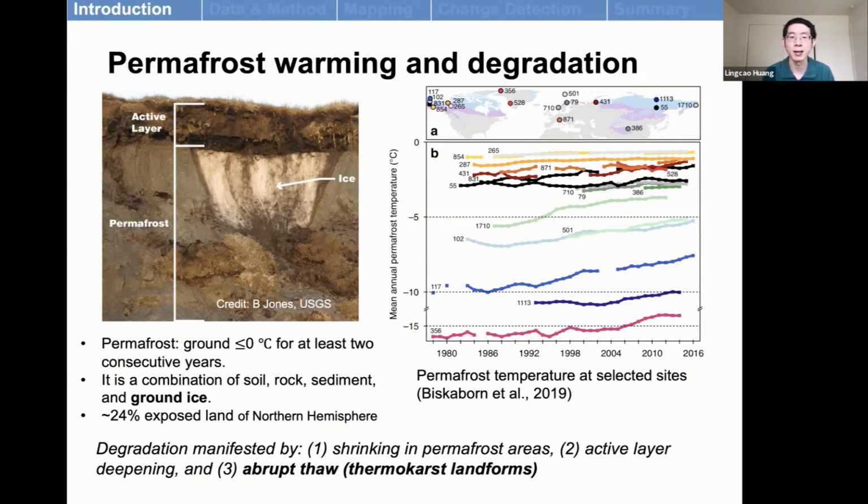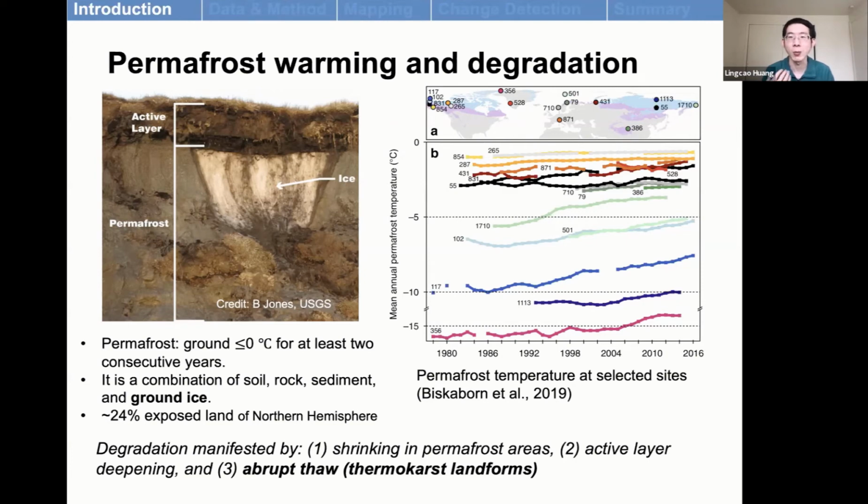Permafrost degradation can be manifested by shrinking permafrost area, from permafrost to non-permafrost, and also active layer deepening. The thickness of the active layer increases. The active layer is the layer above permafrost that freezes in winter and thaws in summer.